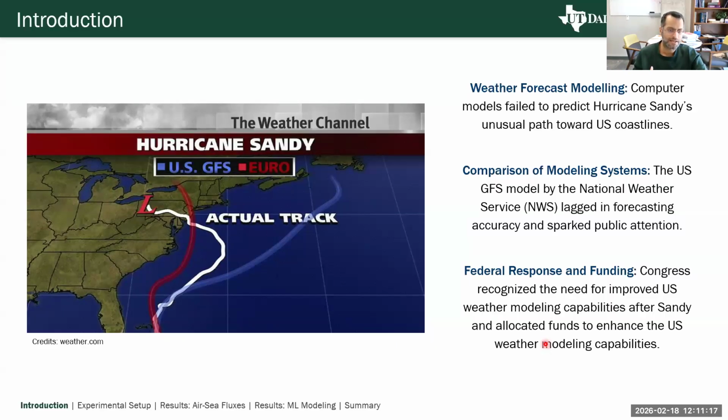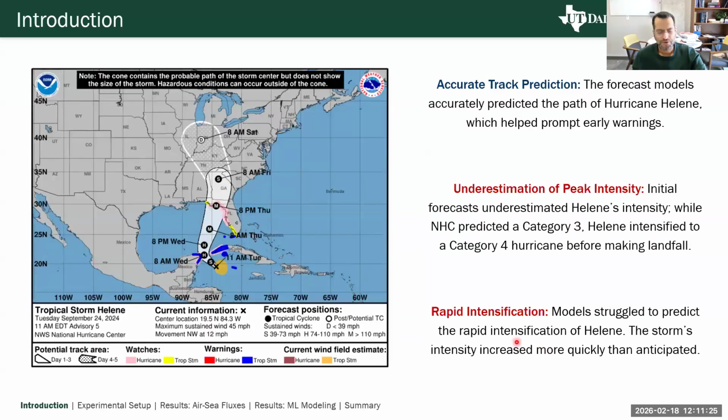In addition, we need better physics to model the structures and phenomena we see more accurately. Here is a more recent example where the track was predicted quite well, or at least much better than Sandy, and that's a success.